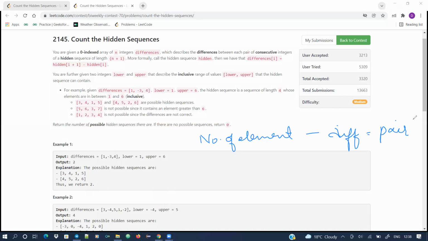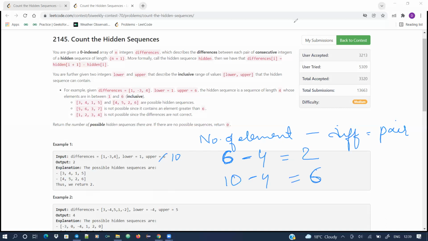For the first example, 1 to 6 is 6 elements and the difference is 4. So 2 such pairs are possible. Suppose the range had increased to 10, then what will it be? Number of elements is 10 minus difference, still the same, 4. Therefore 6 would be the answer.